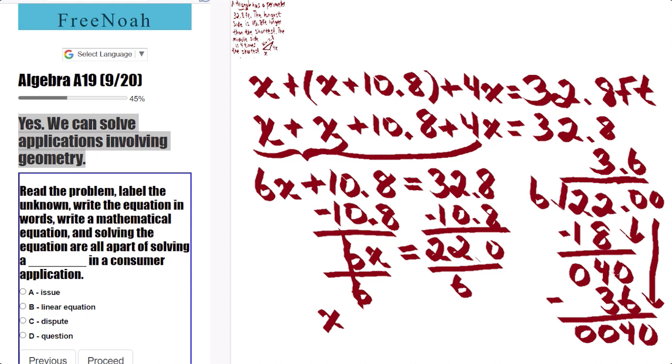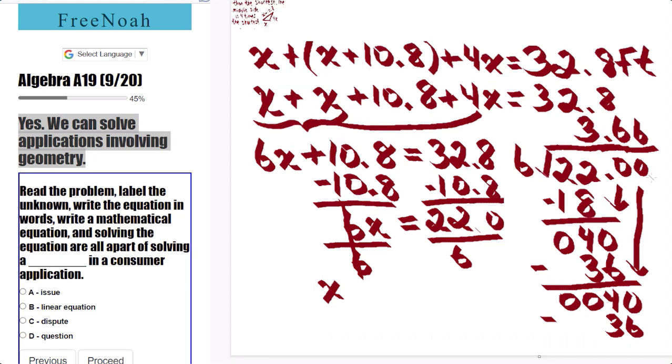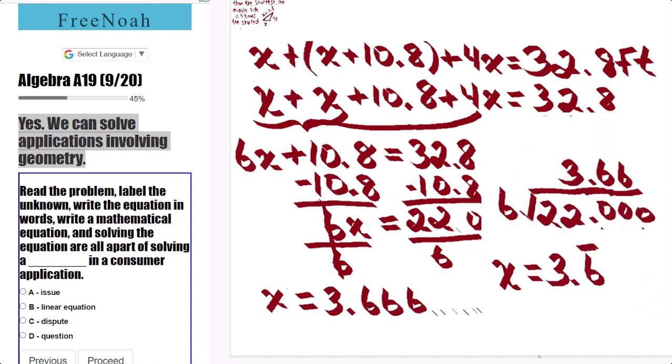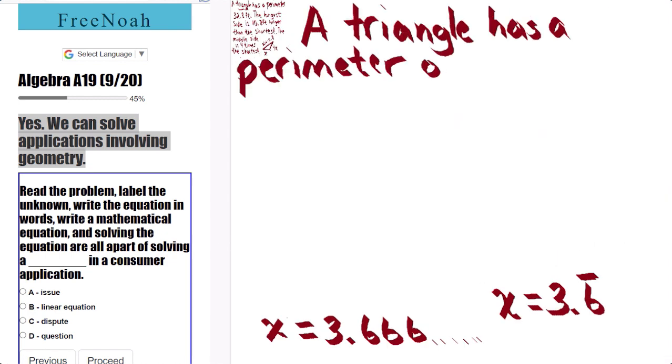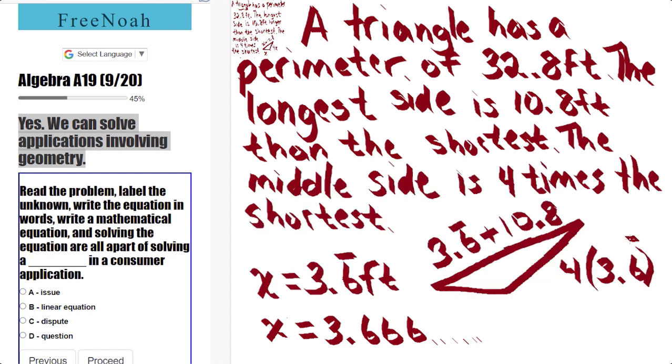So that's another 6 on our quotient side. And 6 times 6 will give us another 36. We can already see that there's a pattern here. So we can say that x equals 3.6 repeating. Okay, so x equals 3.6 repeating.